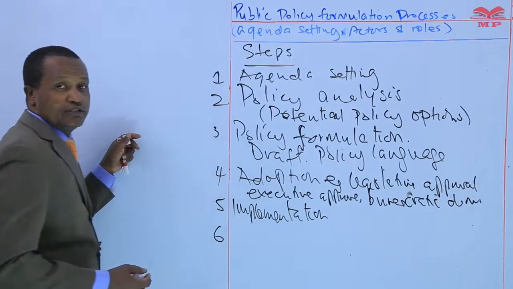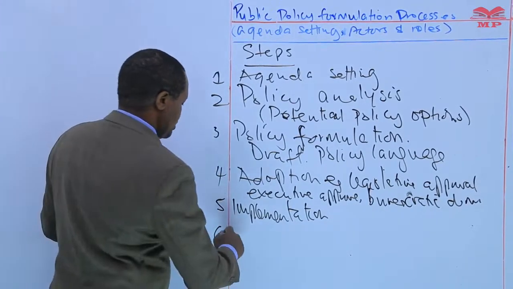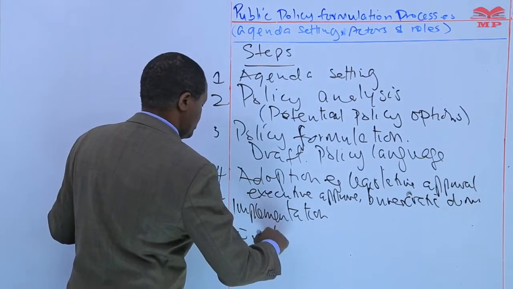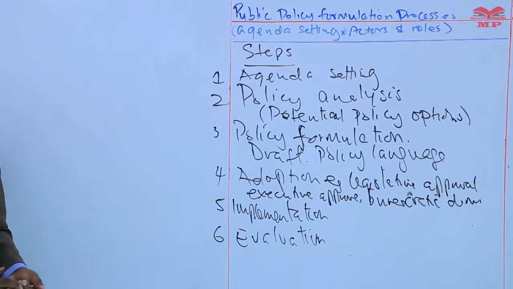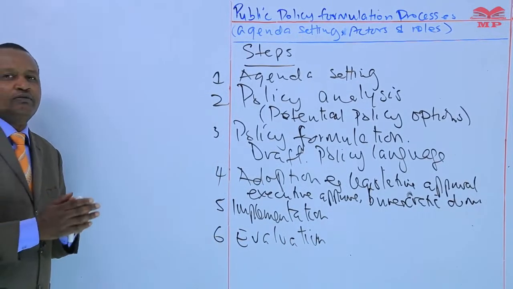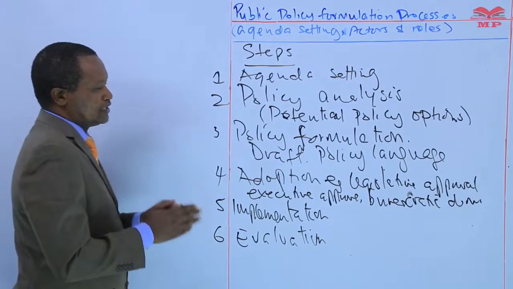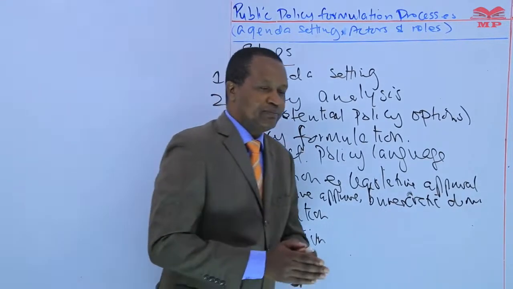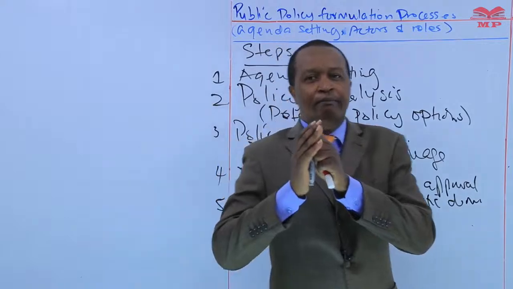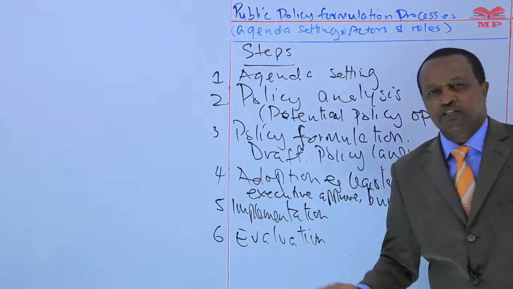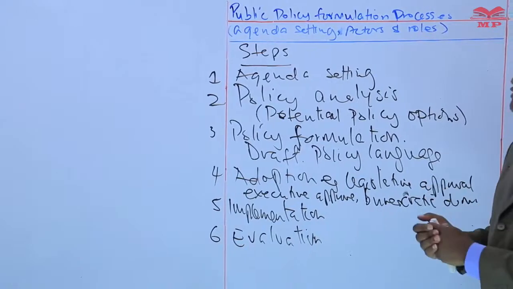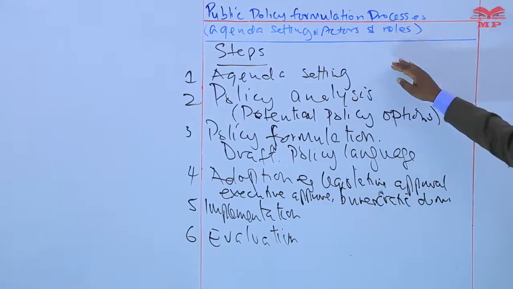You can guess number 6, evaluation, policy evaluation, evaluation of policy. Now, candidates, under evaluation, policymakers must evaluate the effectiveness of the policy in achieving its objectives and goals.